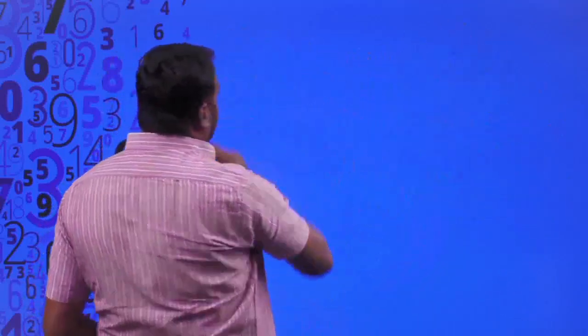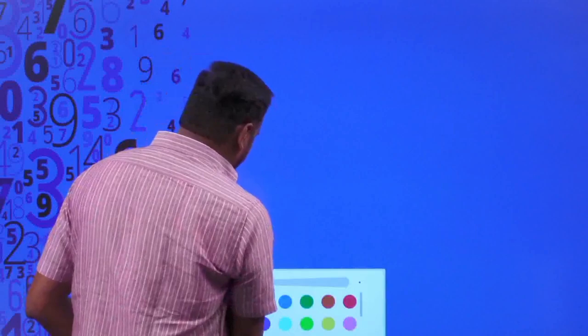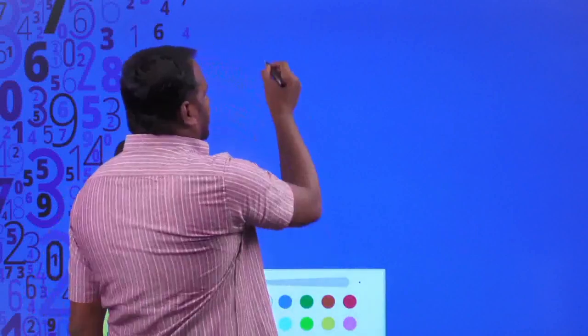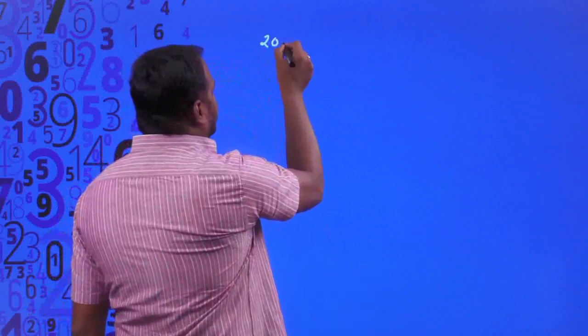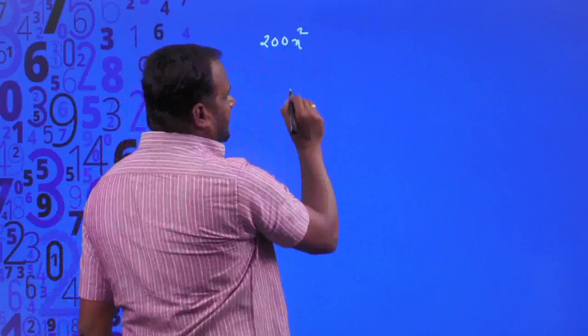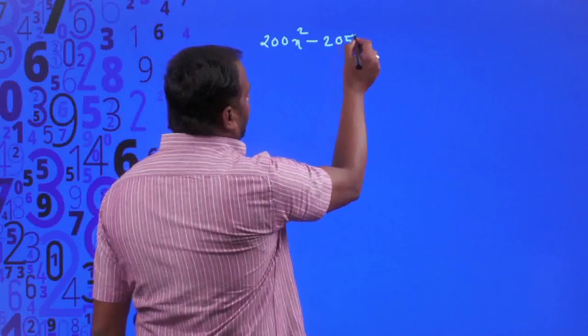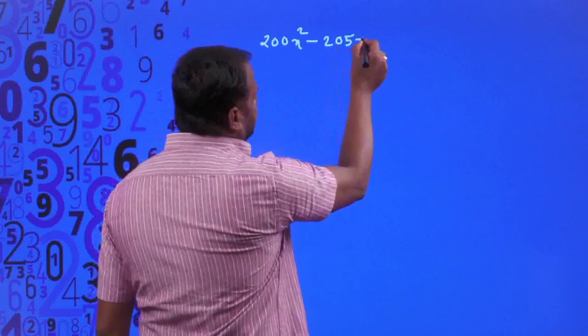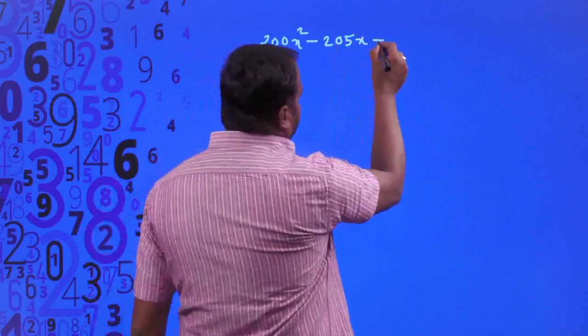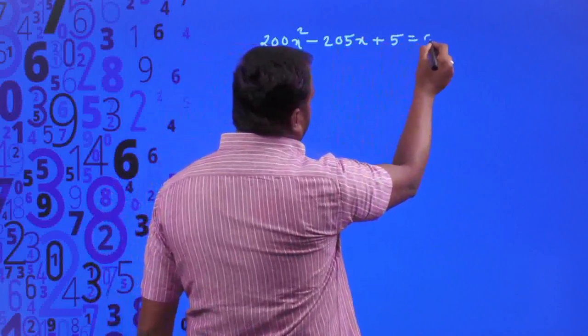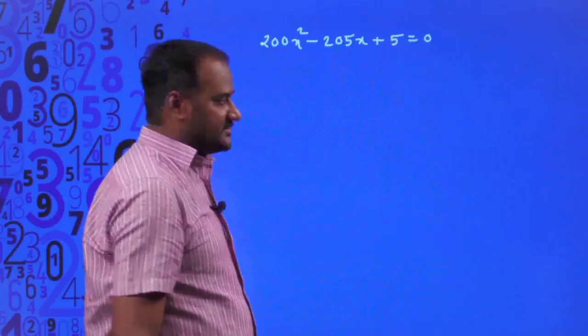So that quadratic equation is, for example, 200x square minus 205x plus 5 is equal to 0. This is one quadratic equation.